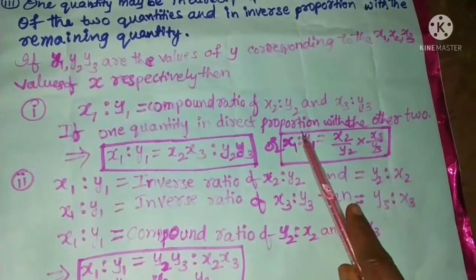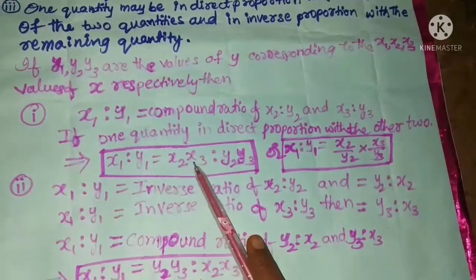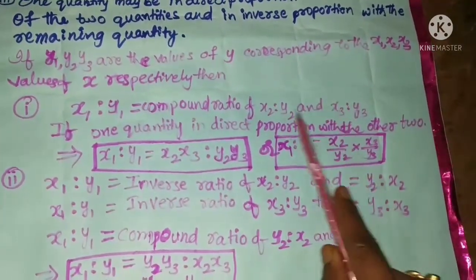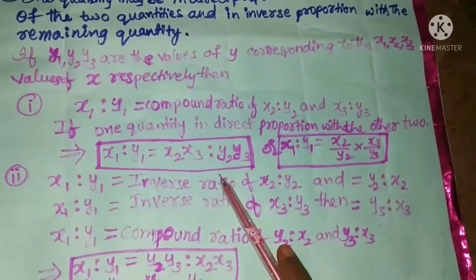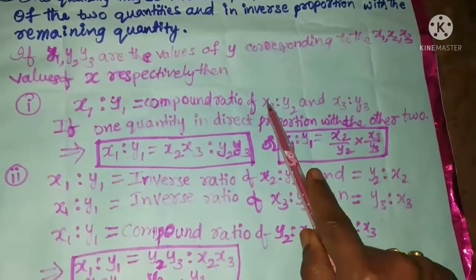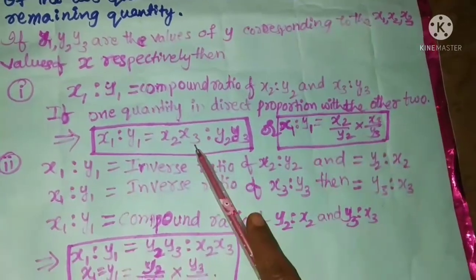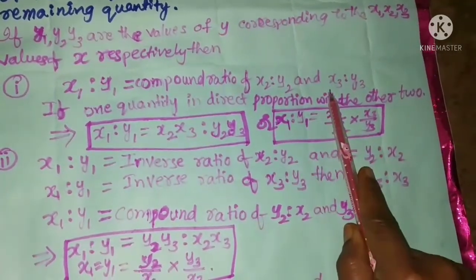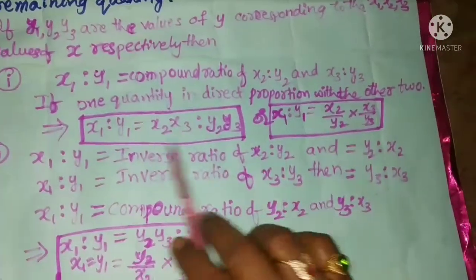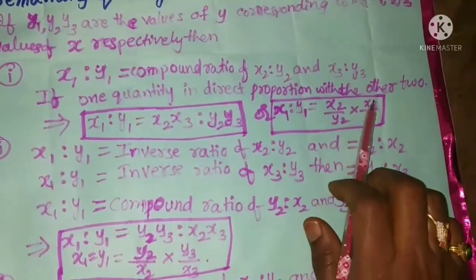The compound ratio is the ratio of the product of antecedents to the product of consequents. Here x2 into x3 is to y2 into y3 will be the compound ratio, and it is also written as x1 is to y1 is equal to x2 by y2 into x3 by y3.